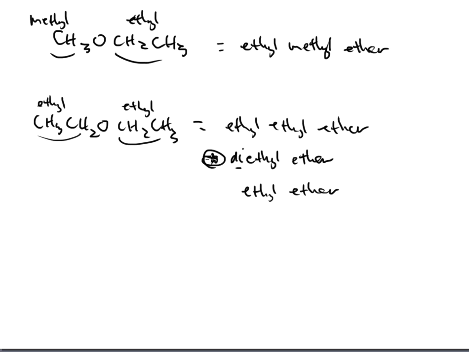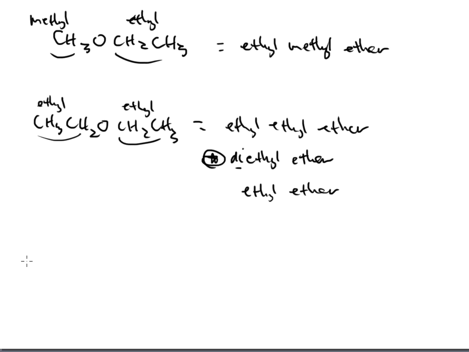So there is a di there if only one thing is listed. That is just an assumption that we make throughout this process. So diethyl ether is preferred, but if you just see the word ethyl ether, then know that that really does stand for an ethyl group on the left and an ethyl group on the right. Okay?